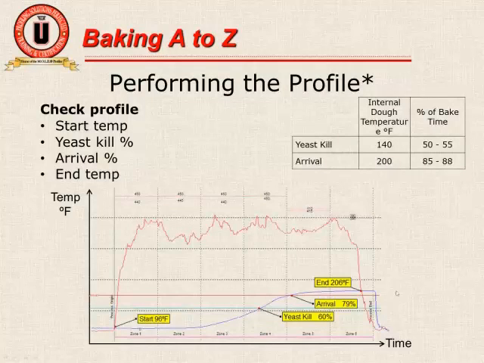Make sure your end temperature is at or around 203 to 207. That's very common end temperatures. And you've got a well-baked loaf of bread. And better yet, you have proof that you've baked it as you had intended to, now that you've actually measured the temperatures through your oven.